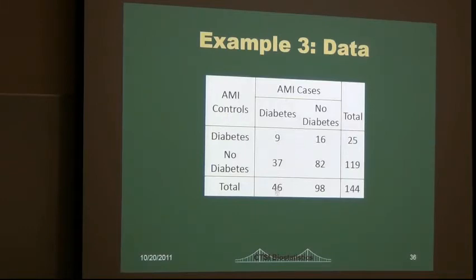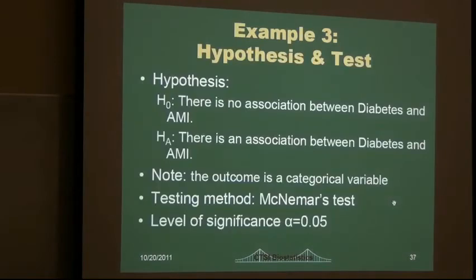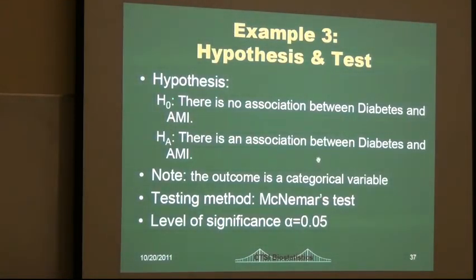For the AMI cases, there are 46 patients with diabetes, and 98 who didn't have diabetes. For the AMI controls, 25 have diabetes, and 119 have no diabetes. So they want to see if there's an association between diabetes and myocardial infarction. The hypothesis is that there's no association between diabetes and AMI, and the alternative is that there is an association.